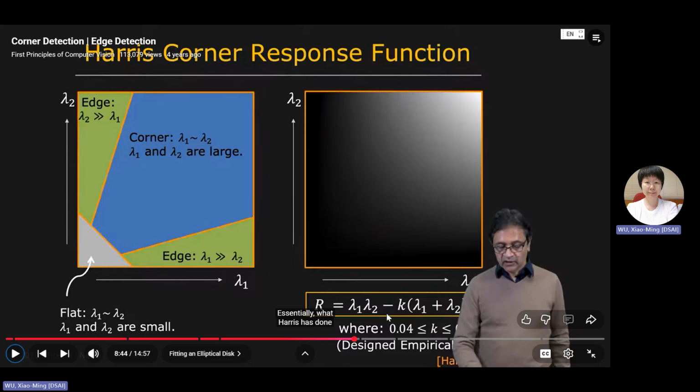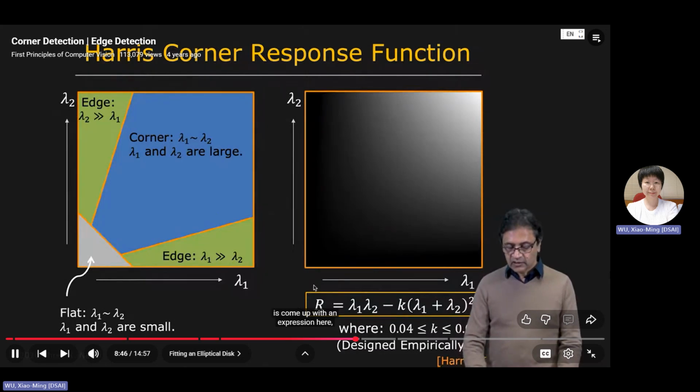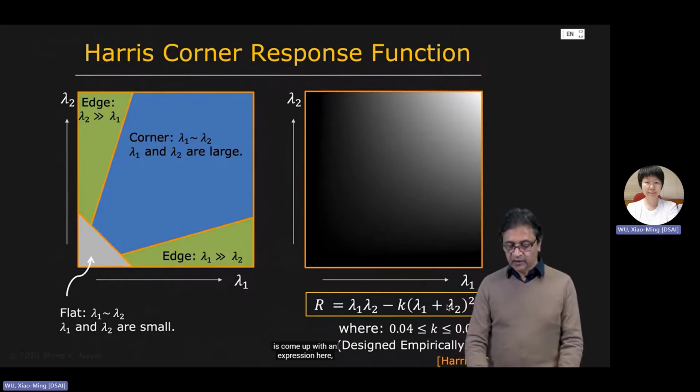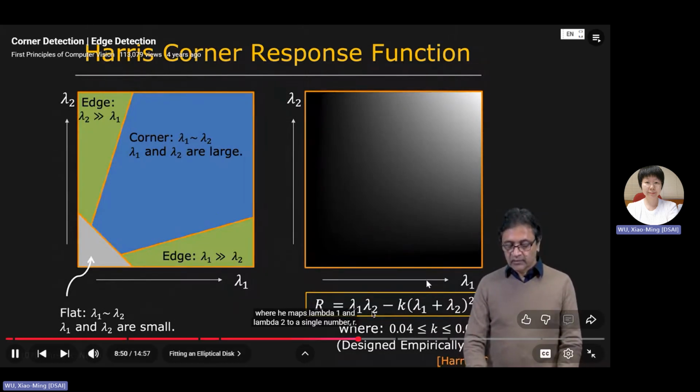Essentially, for example, this is another alternative function for computing the cornerness score: lambda 1 times lambda 2 minus k times lambda 1 plus lambda 2. Well, k is just some hyperparameter which you can decide. What Harris has done is come up with an expression where he maps lambda 1 and lambda 2 to a single number R. You can see this is the visualization.